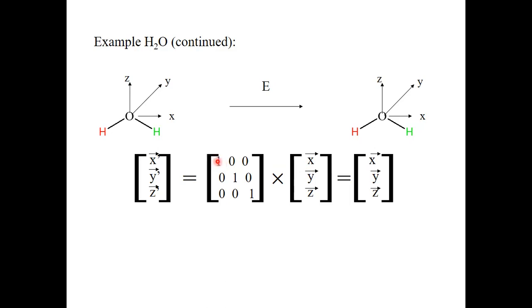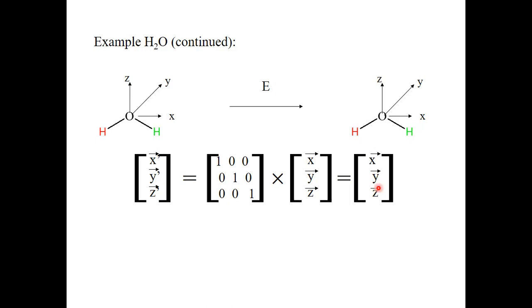So we can show this again by doing the quick calculation. 1 times x plus 0 times y plus 0 times z, well, that gives just x. 0 times x plus 1 times y plus 0 times z, well, that gives just y. And 0 times x plus 0 times y plus 1 times z, well, that gives just z.